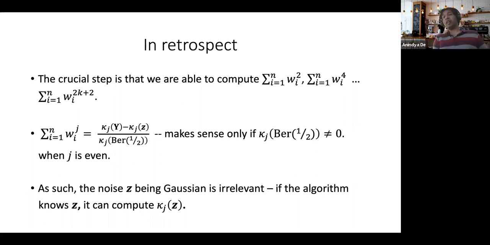But even if z is not Gaussian, if you know the moments of the noise distribution, you know the cumulants. But then we divided by kappa j of Bernoulli half, which was very much using the fact that it is non-zero for every even j.